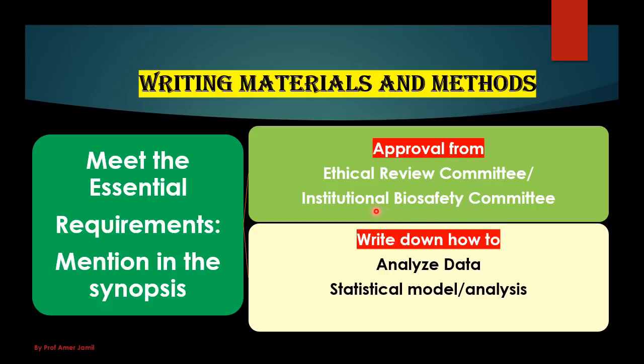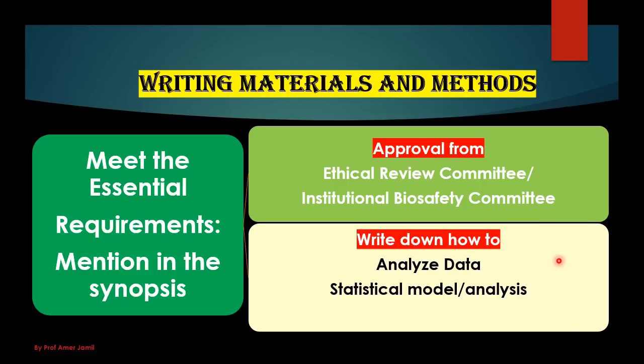Similarly, if you are working on, for example, transgenic or genetically modified organisms, then it must go through the institutional biosafety committee. And if you are working on blood samples or microorganisms, you have to get the approval of these committees, and you must mention this in the materials and methods.